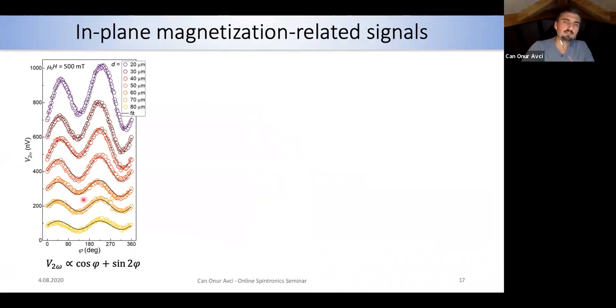This is the measurement for different devices at different distances from the heater layer, and you see that the data shows some sinusoidal form. It looks like a sin 2φ behavior with some contribution from cos φ, but the cos φ was not so clear because it seems to be dominated by the sin 2φ.